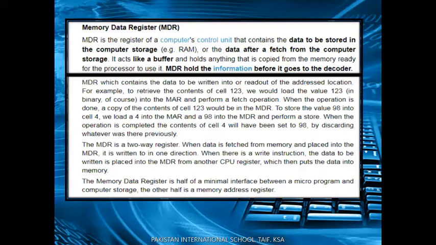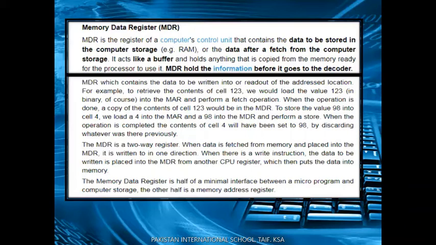Suppose you have a memory location, the cell location is 123, and you want to fetch the data from the main memory at cell 123, and the value is 98. Your value will be loaded into the MDR after fetching. After fetching, your data will be loaded into the memory data register.